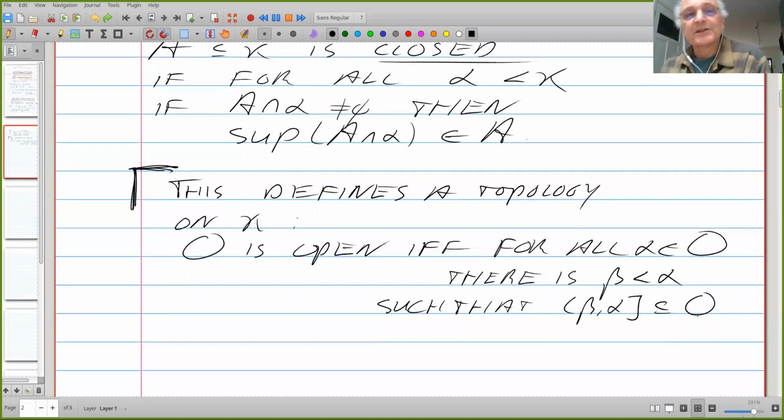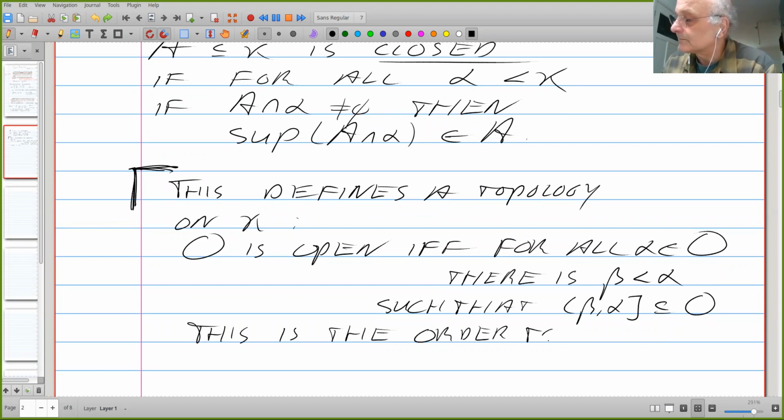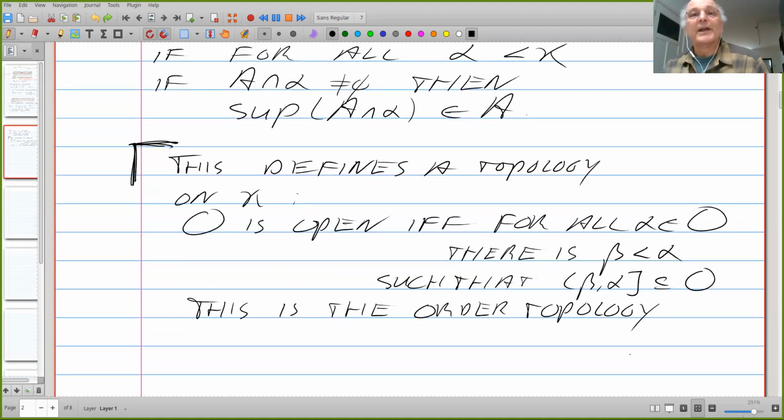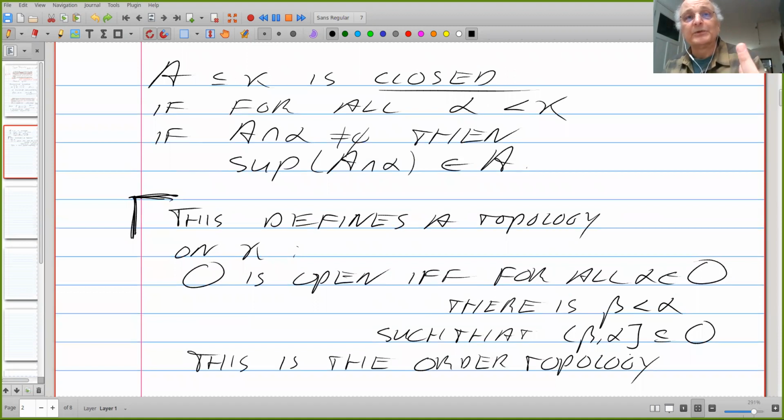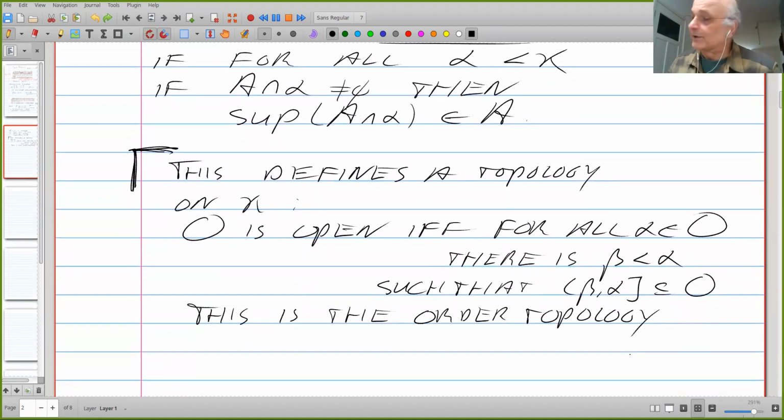Anyway, this defines a topology, a true, honest-to-God topology on kappa. This is the order topology. It's very useful for general topologists, believe me. And what I just defined to be closed here is actually closed with respect to the order topology.